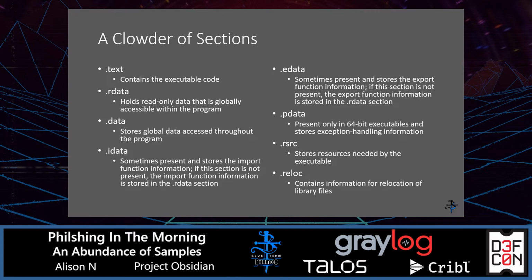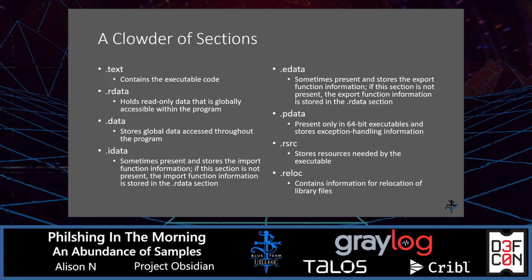So if we see .idata and .edata, which respectively store the import function information and the export function information, those can be stored in .rdata. But what .rdata is, it's the read-only data that is globally accessible within the program.